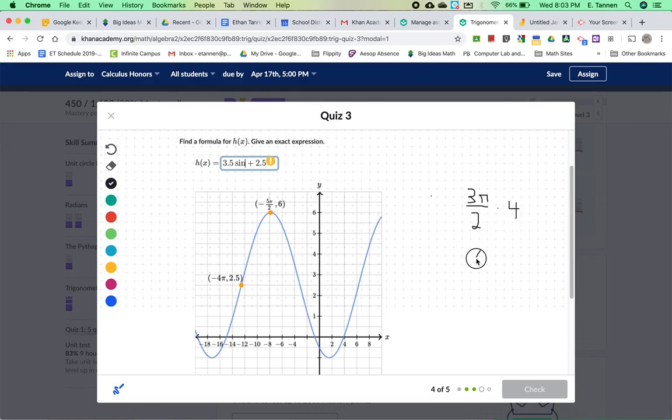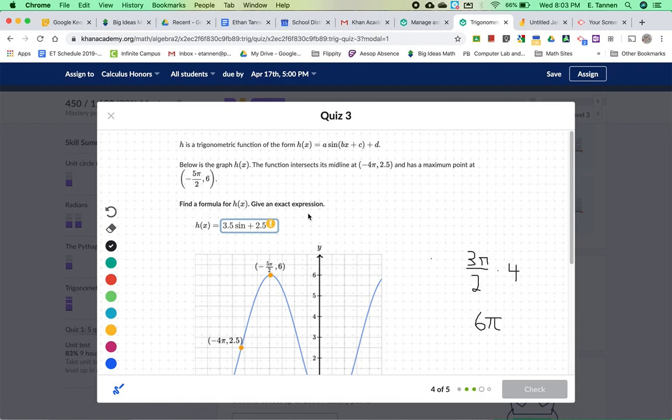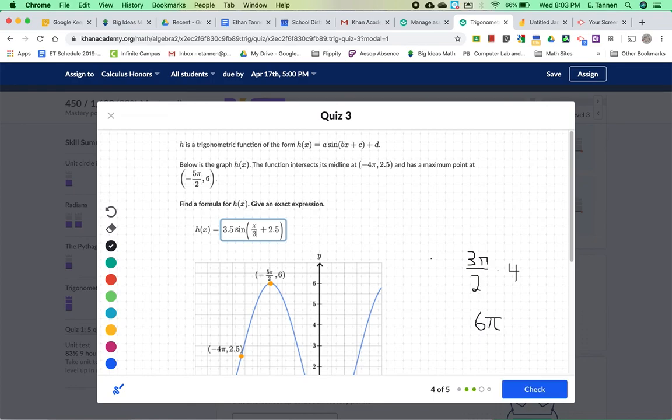So that'll give us, the period is actually 6 pi. So the b is going to have to be, well, it's going to have to be x divided by 3, because if we think about it like this, 2 pi over b, well, it's going to have to be 1/3 b to get us that period.